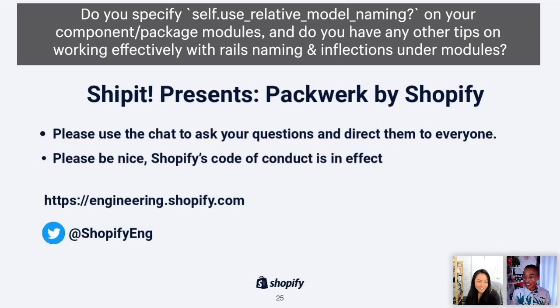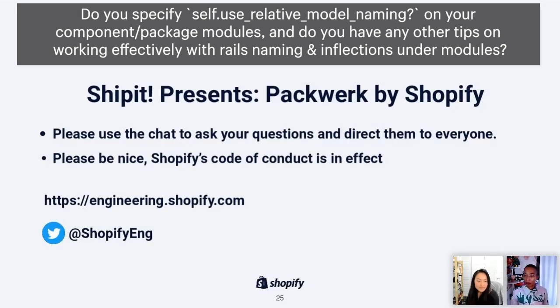So actually, I'm not quite sure what use relative model naming is. I'm wondering if this is related to some kind of problem with namespacing. But in general, if I can't answer that exact question, I will answer a slightly different one, which is that Packwerk doesn't require you to namespace things correctly. So not all things in the same package need to be in the same namespace.